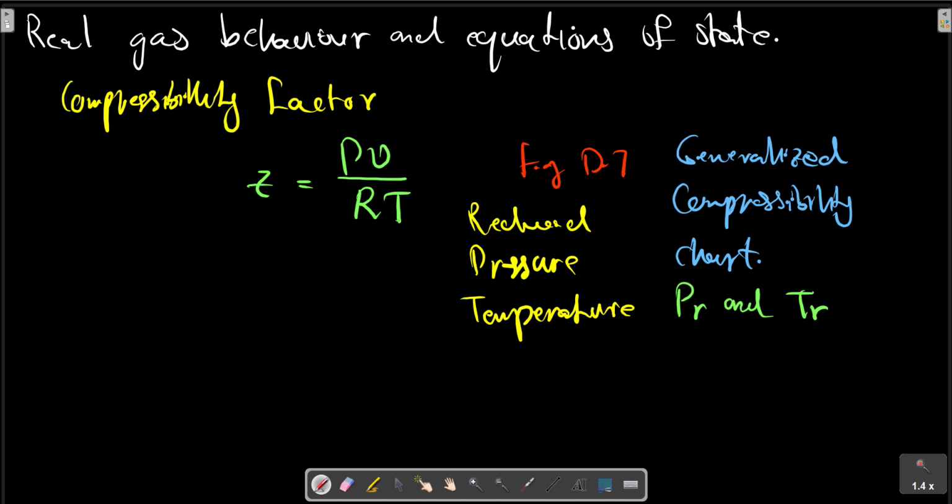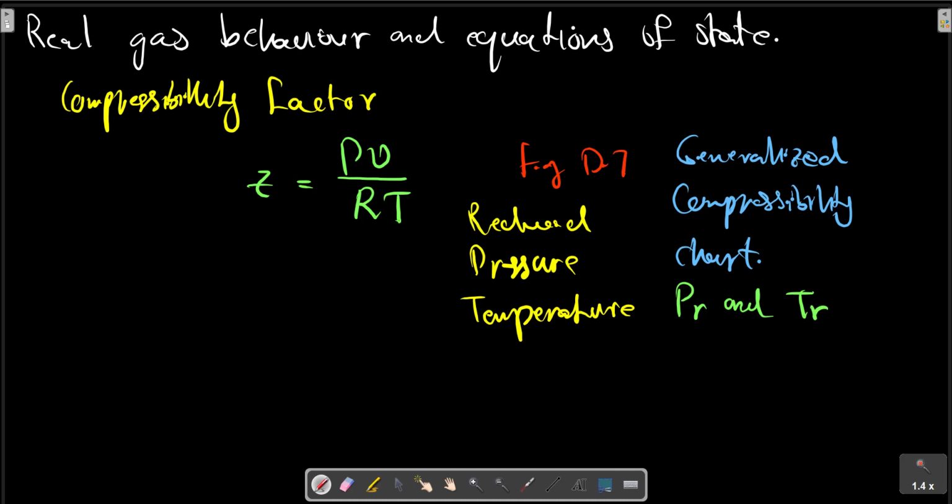The generalized chart does not apply specifically to any one substance, but is instead an approximate relation that is reasonably accurate for many substances, especially those that are fairly simple in molecular structure.